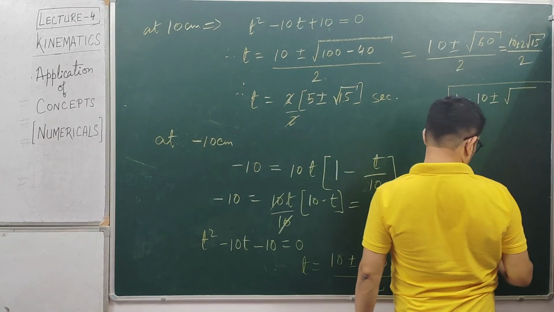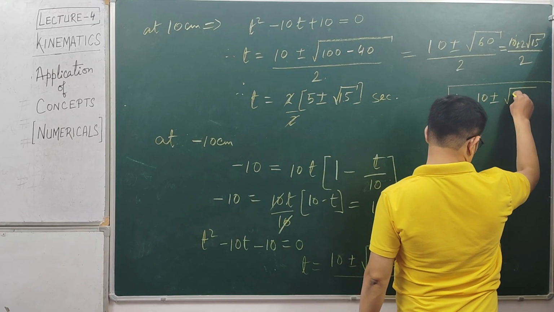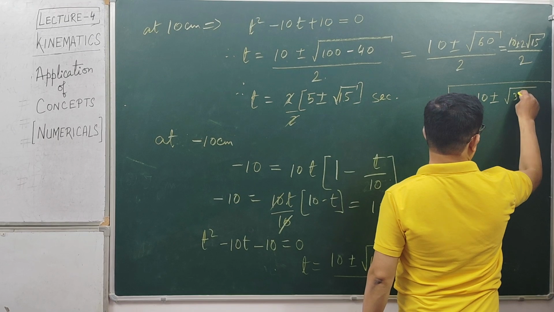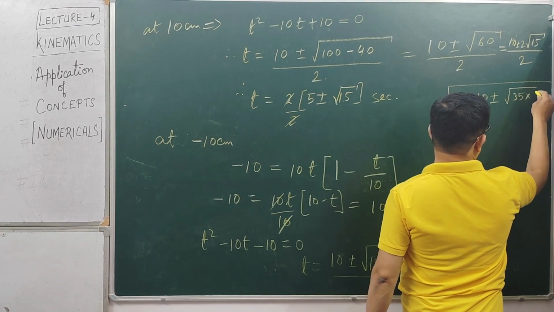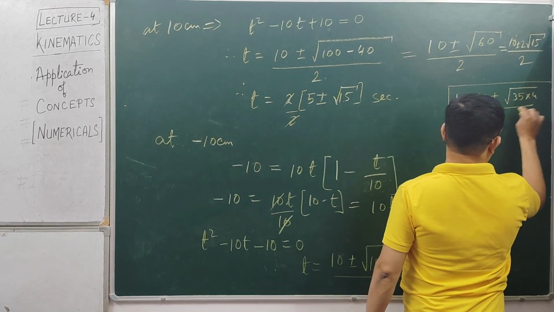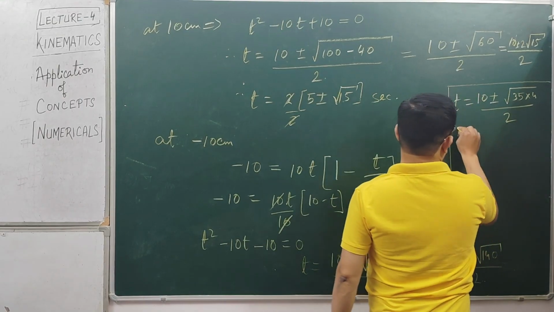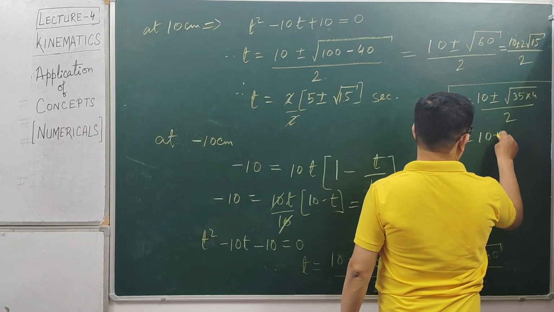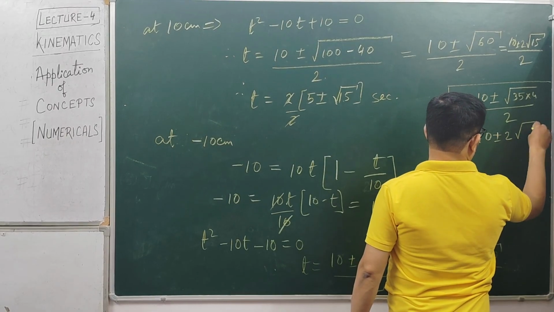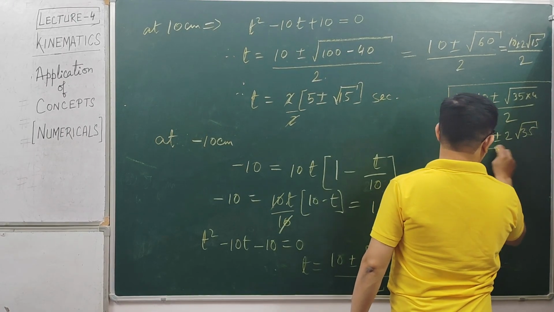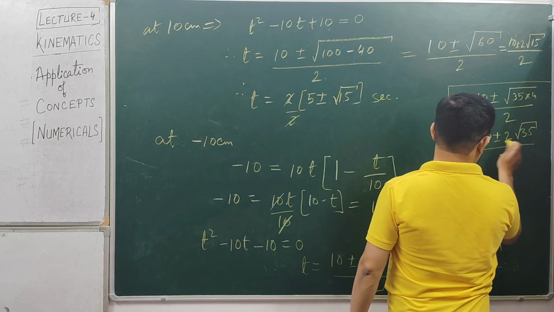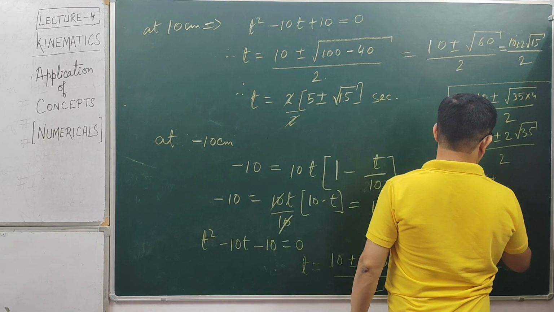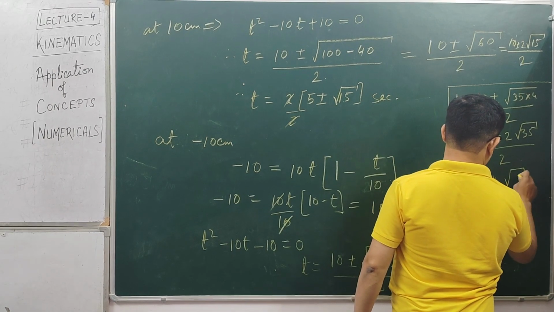If you want to divide by 4, 140 comes out to be 35 times 4, and this is divided by 2. So the 4 you take out, and it is 10 plus minus 2 under root 35 over 2. Now you take this, and we'll get 5 plus minus under root 35.